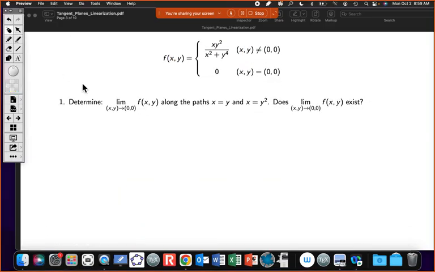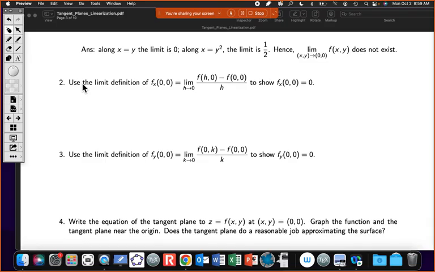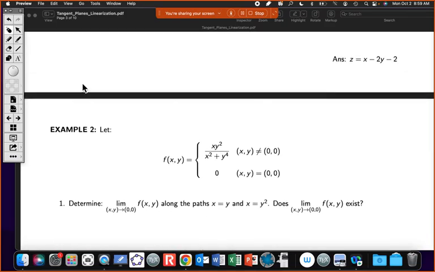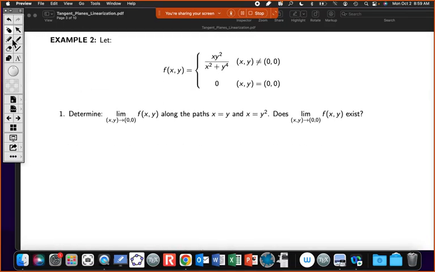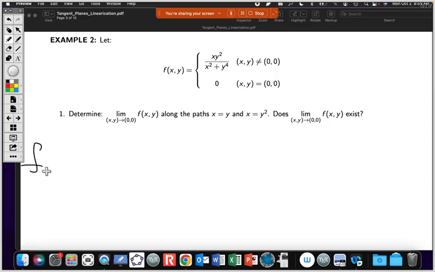And yet, let's look at the partials, fx and fy. So we'll do the fx. I'll leave the fy to you. If I wanted to figure out the partial derivative of fx at 0, 0, I'd go back to the definition I used last week. Right?